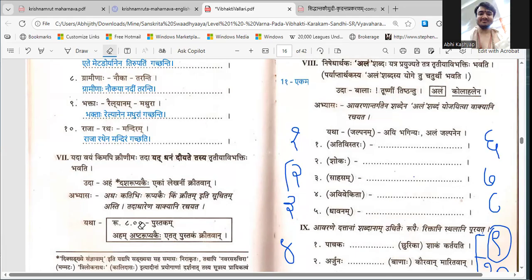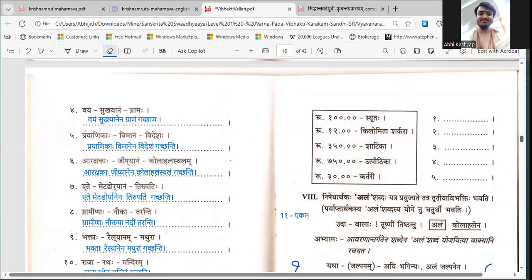So Ru 8 Pustakam is the Udaharanam, is the indication they have given, that has been converted to a sentence as Aham, I. Ashtarupyakaihi etat pustakam kritavan. I bought this pustaka with 8 rupees, or for 8 rupees. So we have to add one aham.